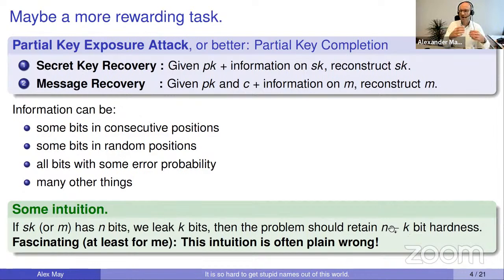So it should somehow reduce the dimension of the secret key, because I leak something, but it should still retain the hardness. It should not really collapse down to something easy.